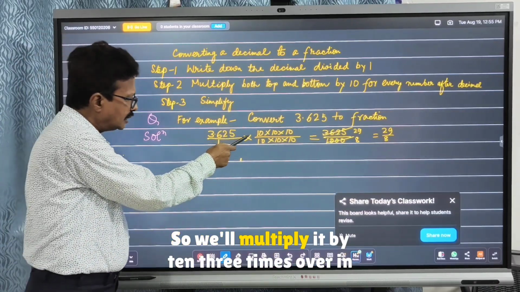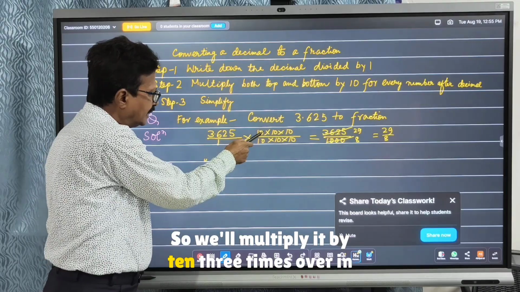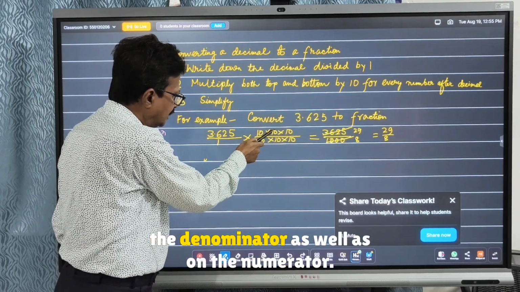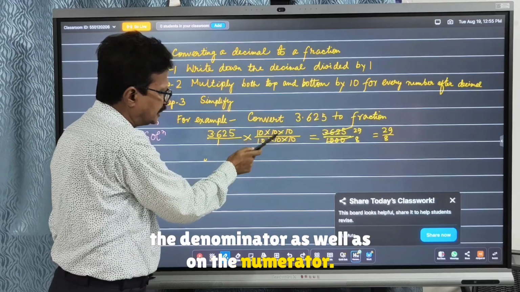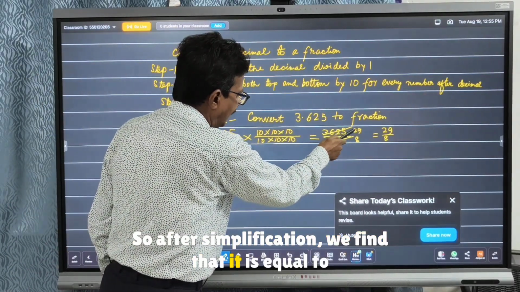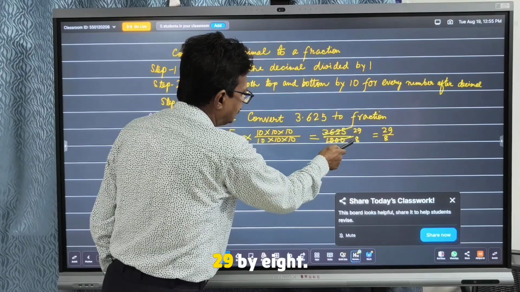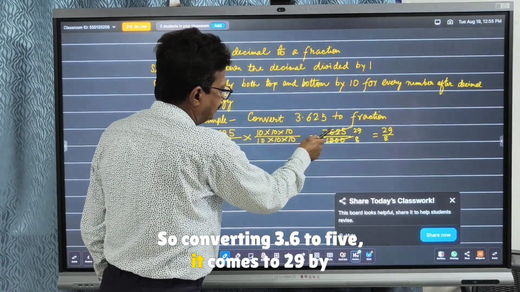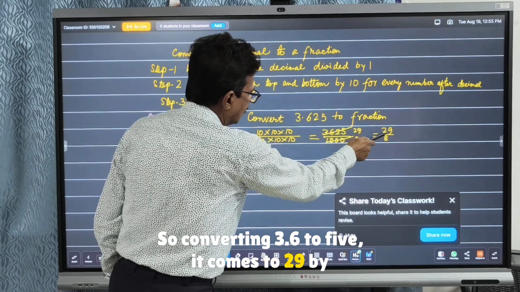So we will multiply by 10 three times, in the denominator as well as the numerator. After simplification, we find that it is equal to 29 by 8. So converting 3.625, it comes to 29 by 8.